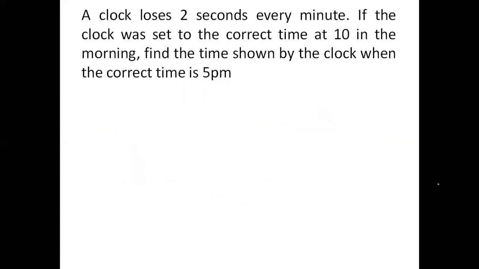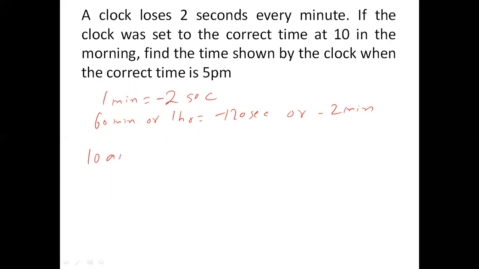The next comes the losing concept. A clock loses 2 seconds every minute. That means every 1 minute, it loses 2 seconds, that means minus. In 60 minutes or 1 hour, it will lose minus 120 seconds or minus 2 minutes. Now it is given that the clock was set at correct time at 10 in the morning.